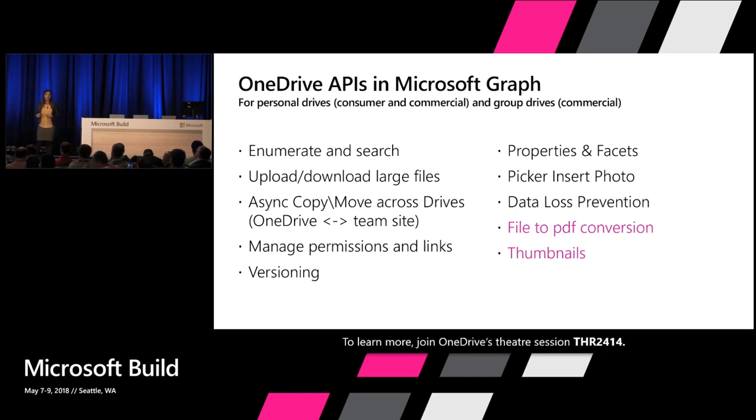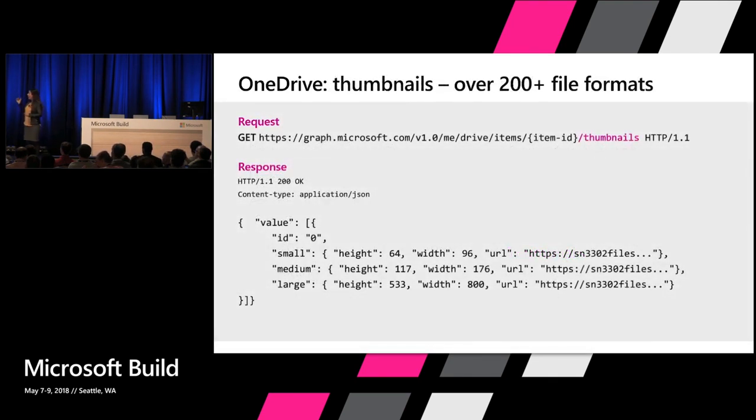The one that I'm going to highlight here, and there's a session to learn more about the OneDrive APIs, is thumbnails. Thumbnails is actually a cool capability that takes advantage of a lot of processing on the SharePoint services, so you can use a simple call to the Microsoft Graph to get pointers to small, medium, and large URLs that are going to take you to a rendering of a thumbnail of a file.